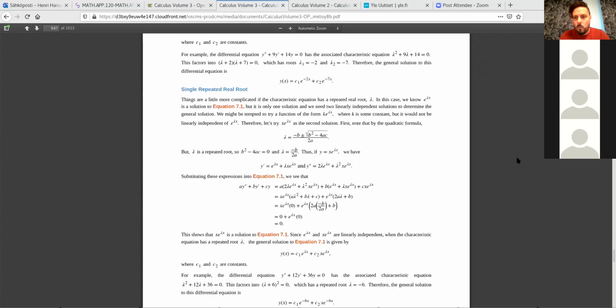If we take u of x equal to x times e to the power of minus x, then we have u' equal to e to the minus x plus e to the minus x.